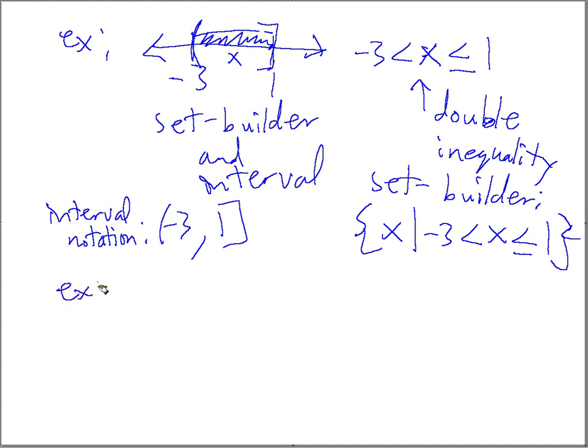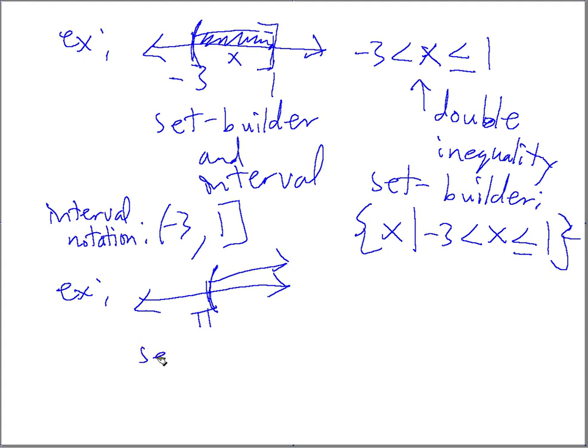Let's try another one. Let's take a look at the graph of this here. Let's say here's pi, and let's put a parentheses on pi. So parentheses means we're not including pi, right? Arrow to the right. So everything bigger than pi, any number bigger than pi. So let's write it in both notations again.